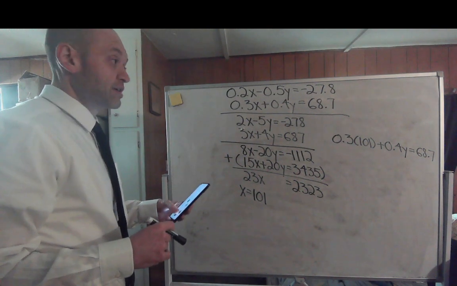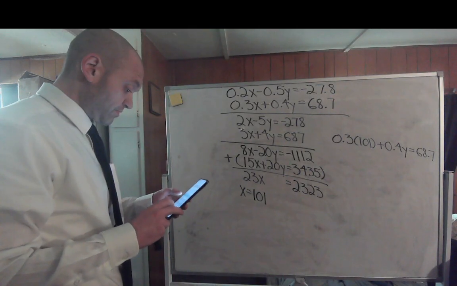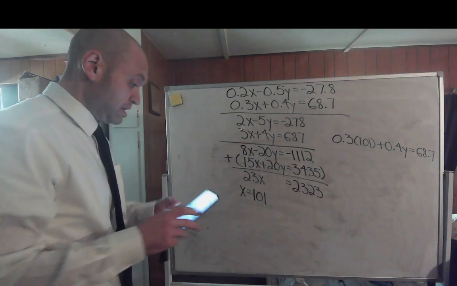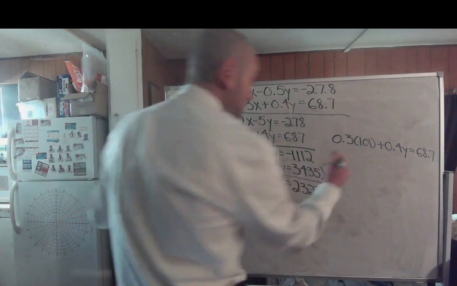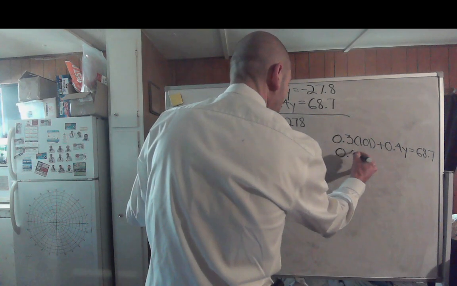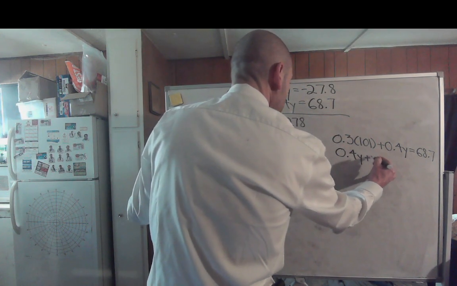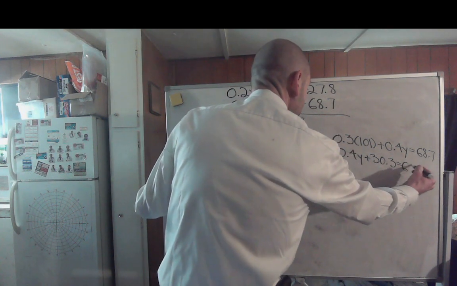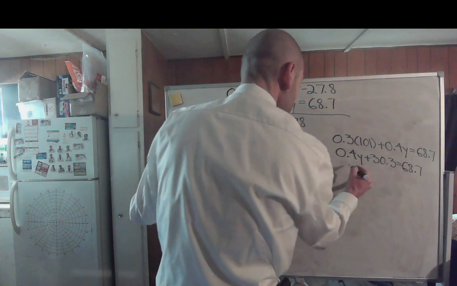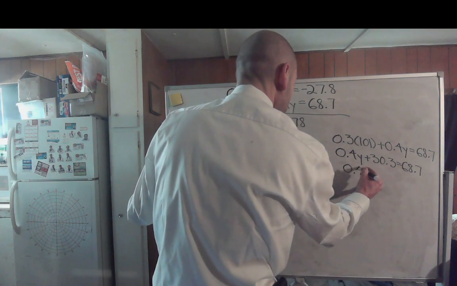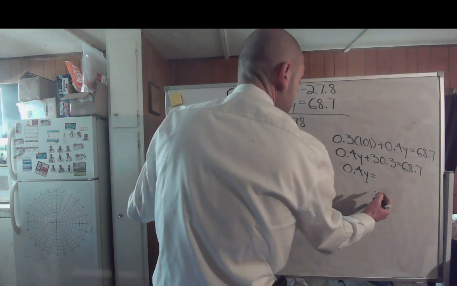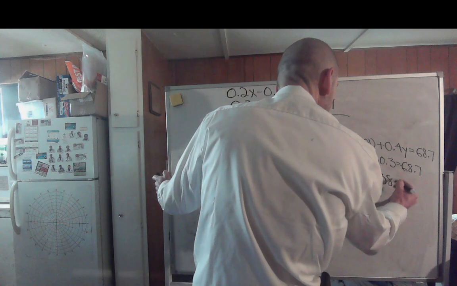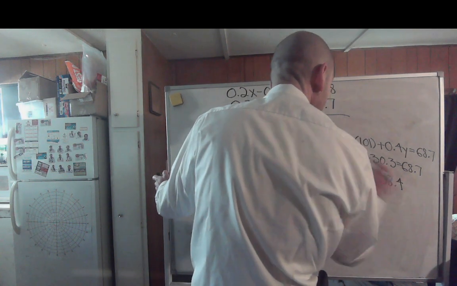Something probably a little hideous, but I get 30.3, so I would get 0.4y plus 30.3 equals 68.7, which means 0.4y, wow, is going to end up equaling 38.4.